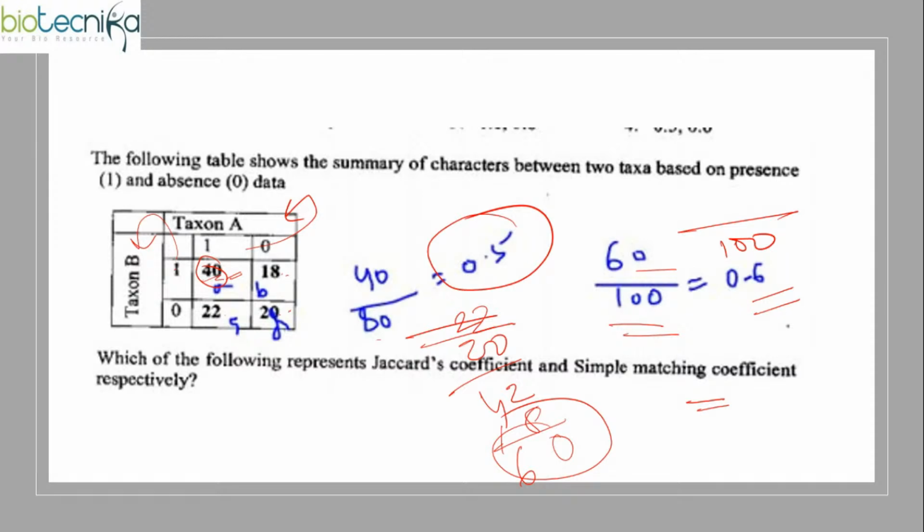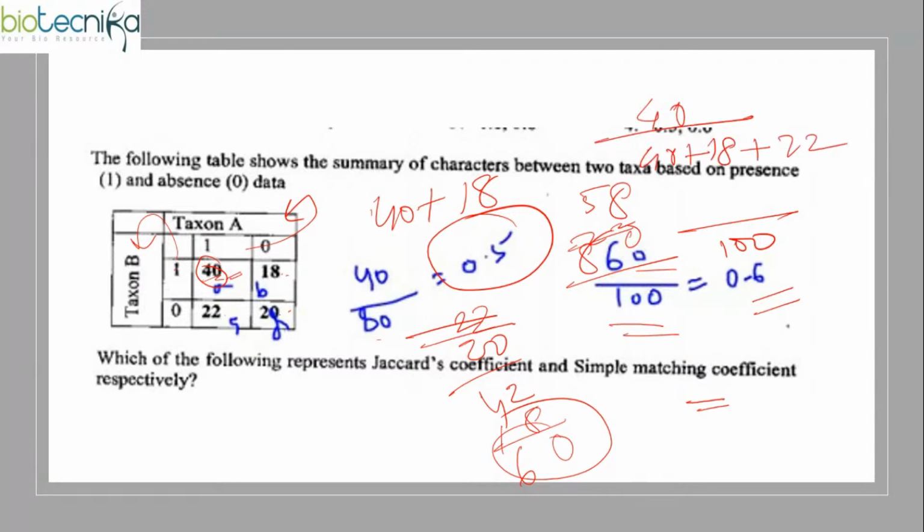So here we are taking up 40 plus 18. How are we getting 80? As I told you, A plus B plus C. So 40 plus 18 is 58, and 22, so that is 80. So for Jacquard, we are keeping 40 divided by 40 plus 18 plus 22, students.